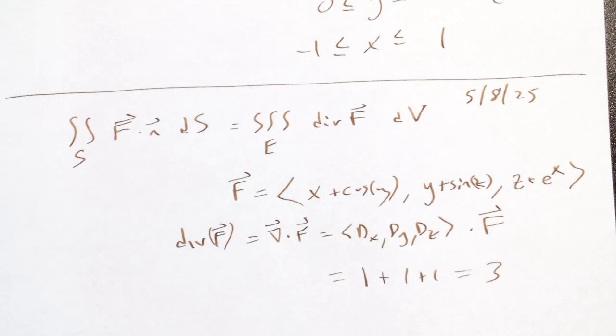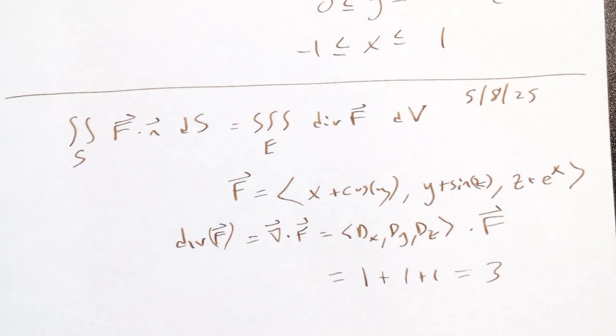This divergence is positive, which means more stuff is going out than is coming in. I don't have units for this. It's going to depend on what the units are for the vector field. But this is a constant, and that means that everywhere, no matter where I am, more stuff is going out than coming in.